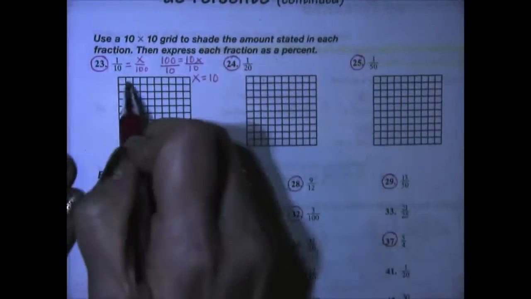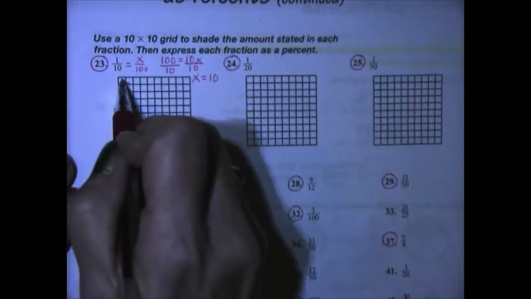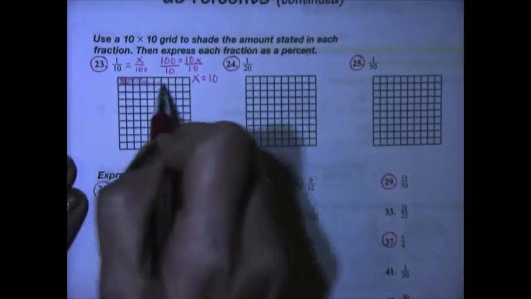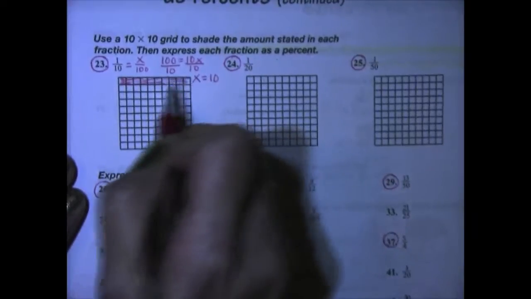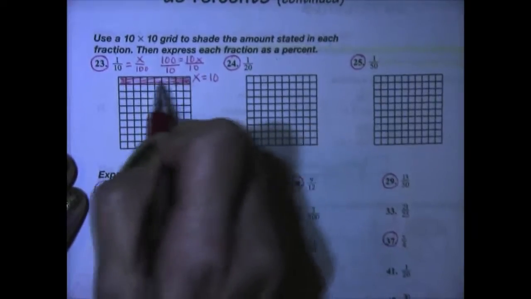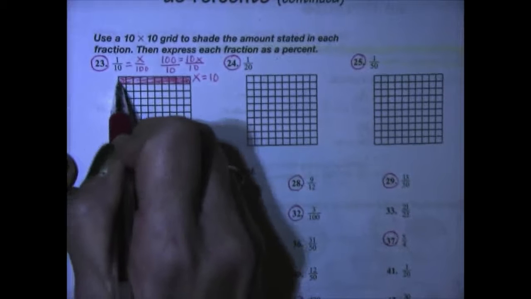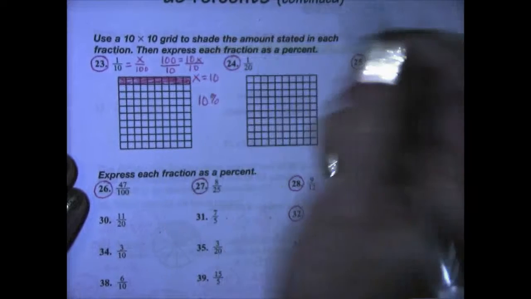We're going to divide by 10. 100 divided by 10 is 10, so x equals 10. So that means that we need to shade 10 of these little boxes. You can shade any 10 you want, doesn't matter. And then our answer in percent is 10%.